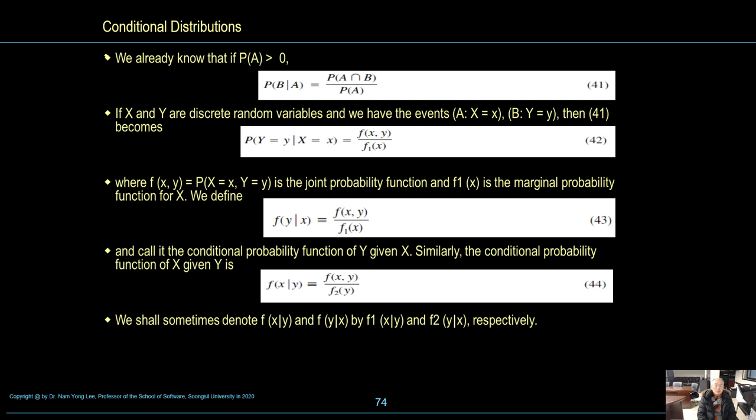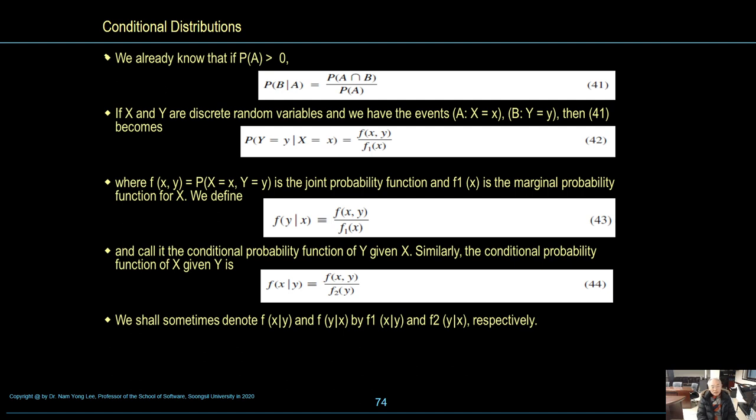We already know that if probability of A is greater than 0, the probability of B given A is the probability of A and B divided by the probability of A. If X and Y are discrete random variables, with events A and B, then the probability of Y given X is f(x,y) divided by f1(x), where f(x,y) equal p(x,y) is the joint probability function and f1(x) is the marginal probability function for X.